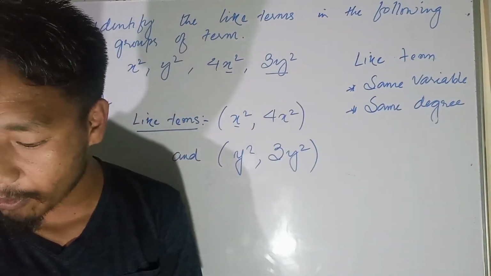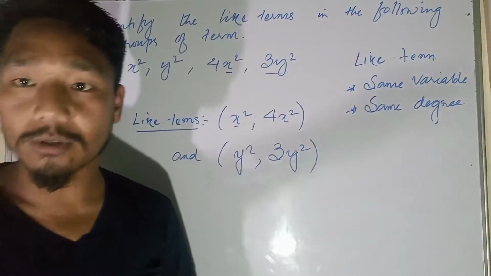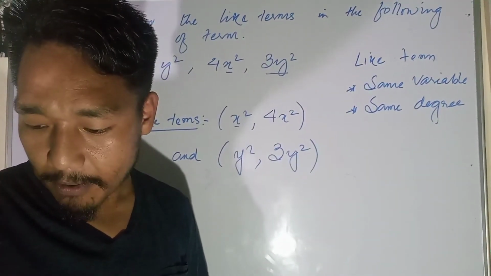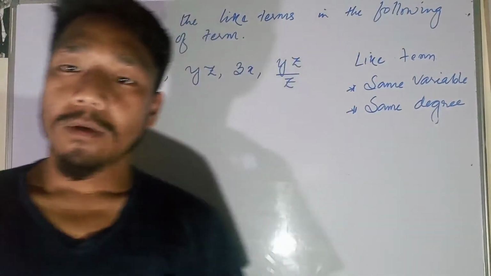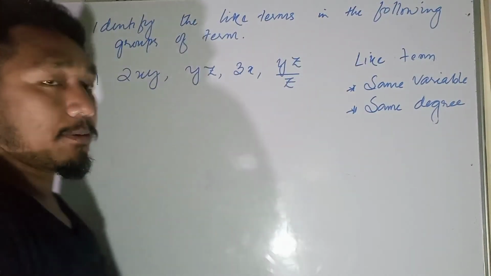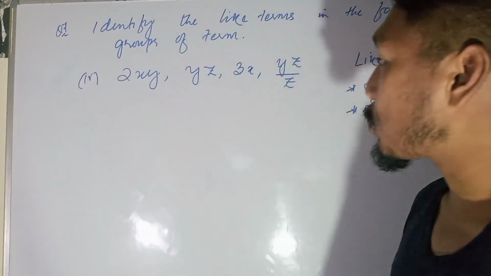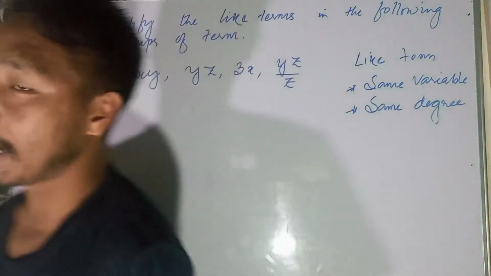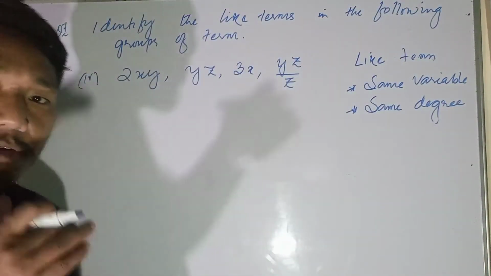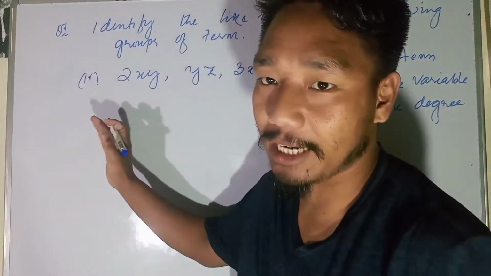We'll try to solve one more question, that is question number 4. Here we have another question: 2xy, yz, 3xyz divided by z. Literally, if I discuss it, there are no like terms here.